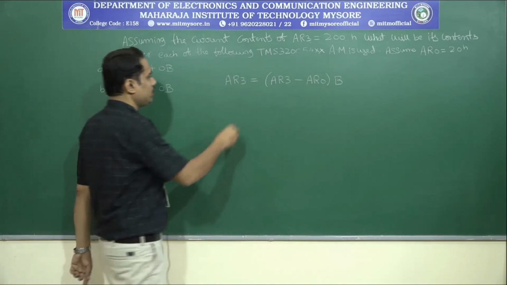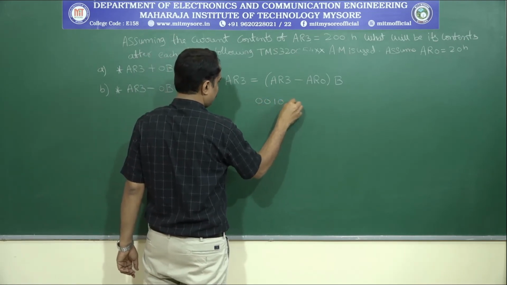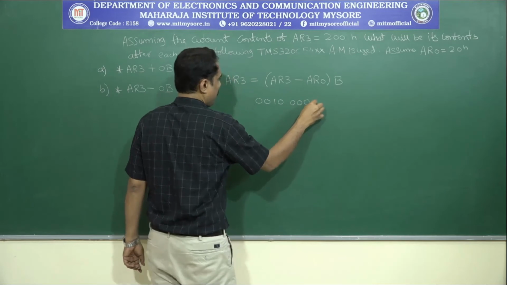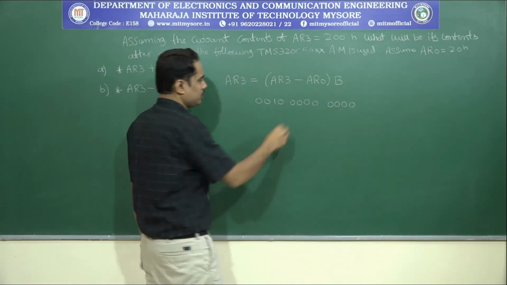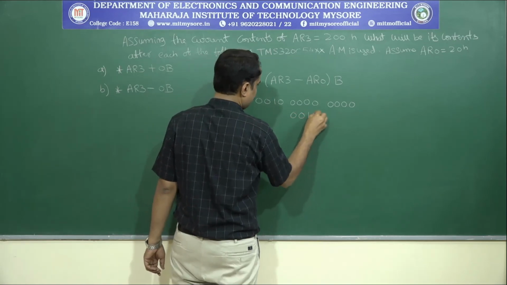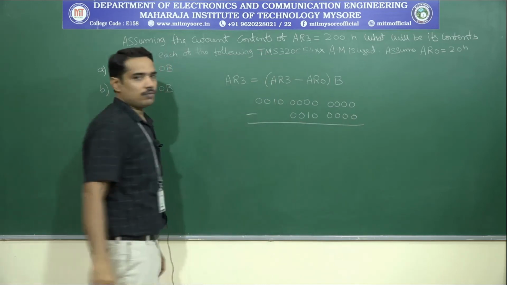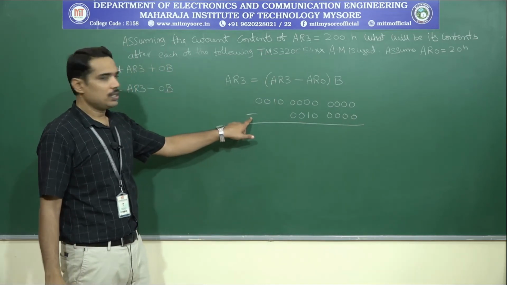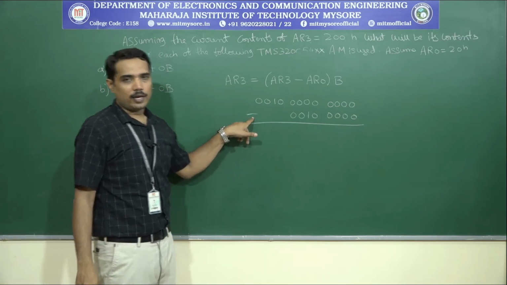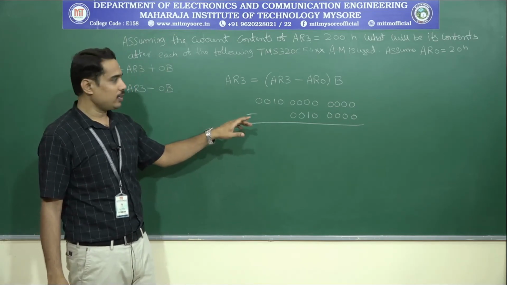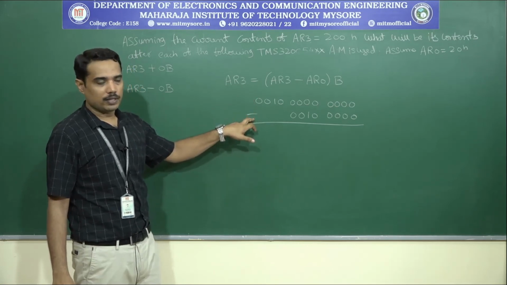As usual, let us write the 200 in binary, and 20. Now, what are we supposed to do? We are supposed to do the subtraction operation. Here, not adding, we are going to subtract. We are subtracting 200 by 20.